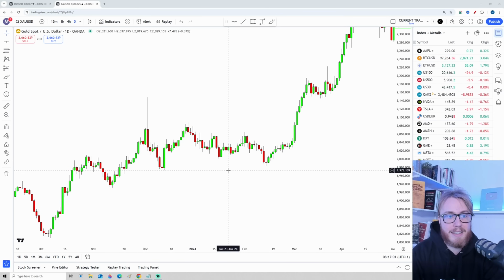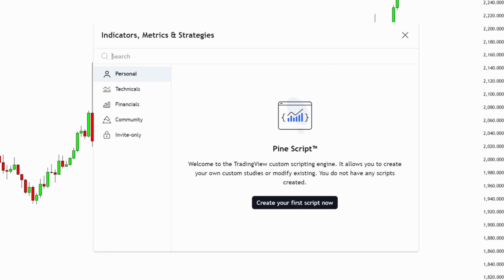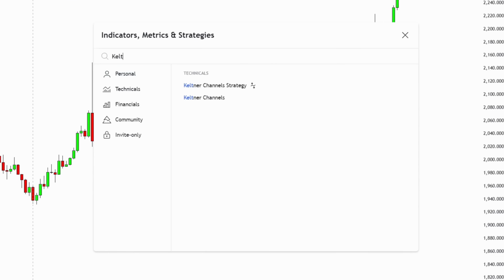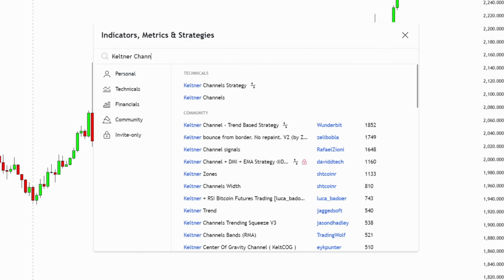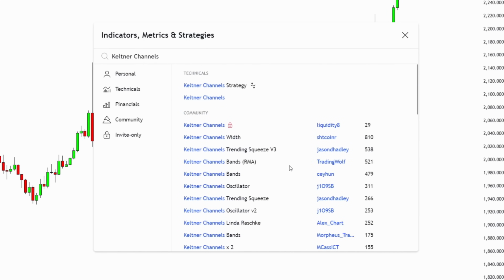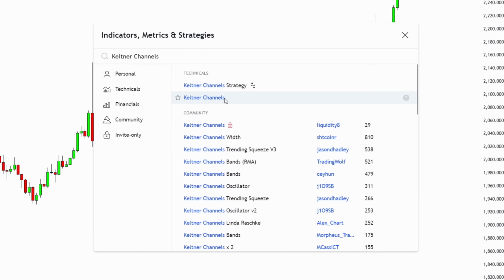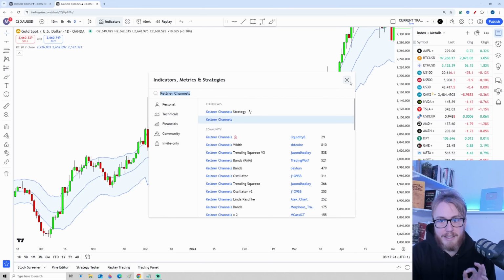So to open up the indicator, we want to head up here to the indicators tab in TradingView, and you want to search for Keltner, just like this, and then channels. And once again, you will find tons of community built indicators. Some of these are very interesting, but we are going to keep it simple and open up the Keltner channel right here.